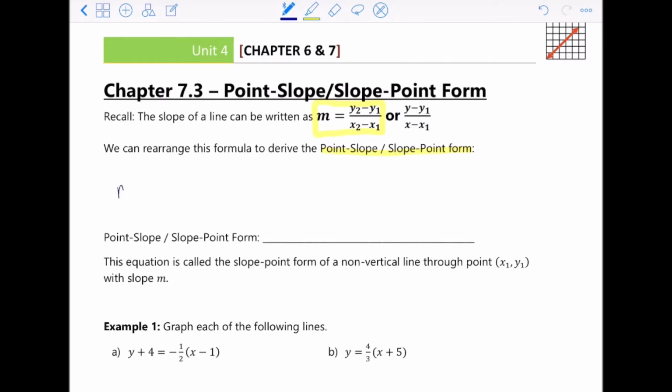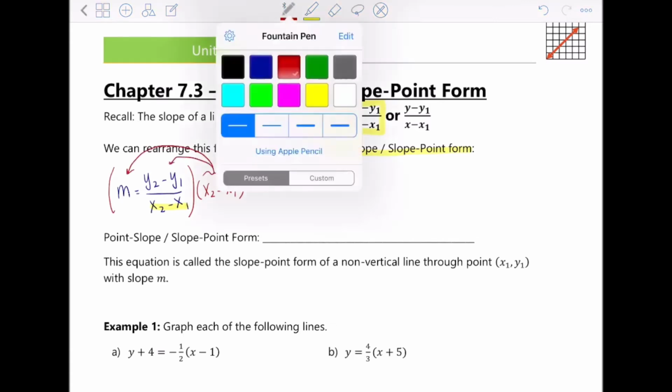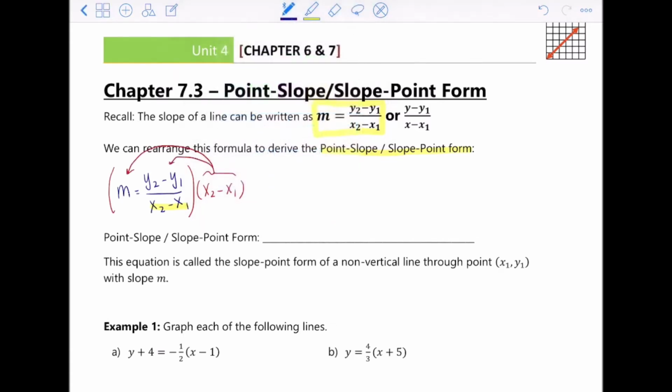So let's start off with the slope equation: y2 minus y1 all over x2 minus x1. In order for us to get this special form, we need to get rid of the denominator by multiplying both sides of the equation by x2 minus x1. So you multiply this into the left-hand side and the right-hand side to remove the denominator.